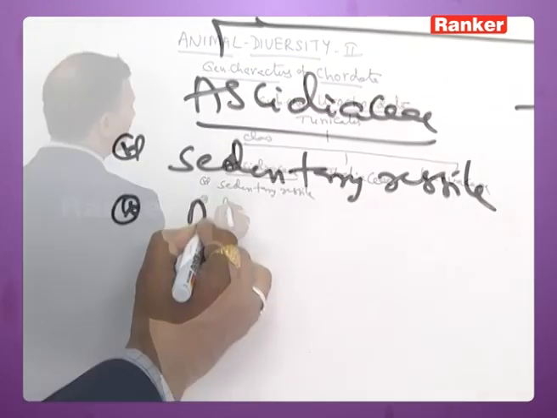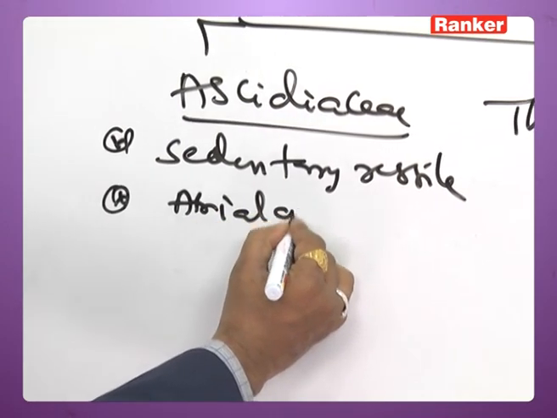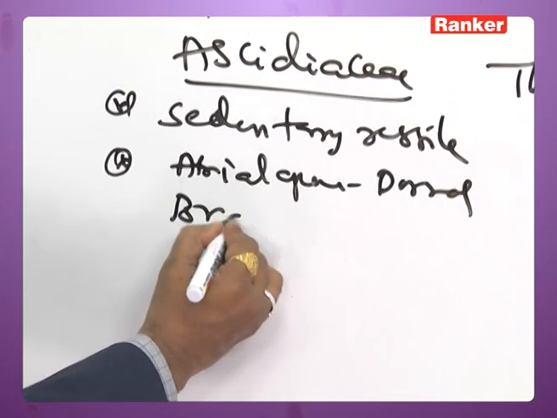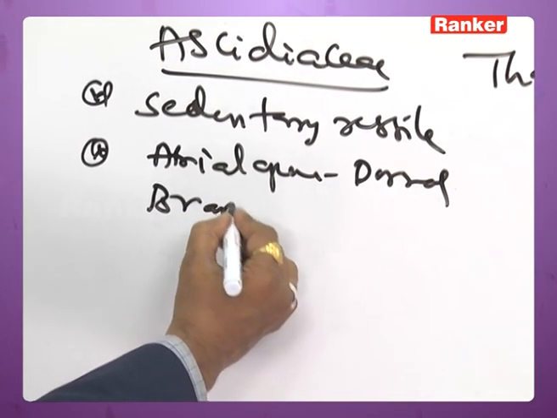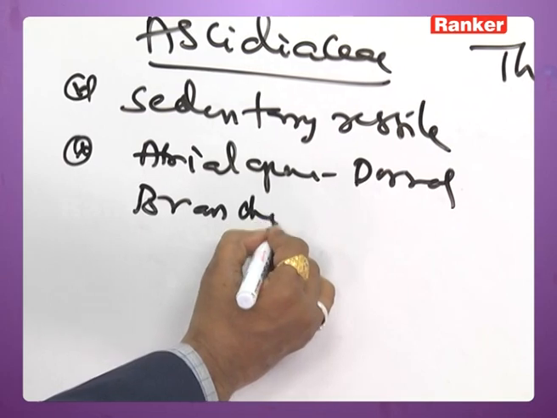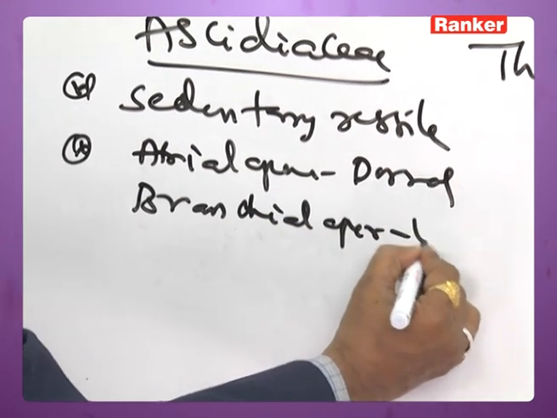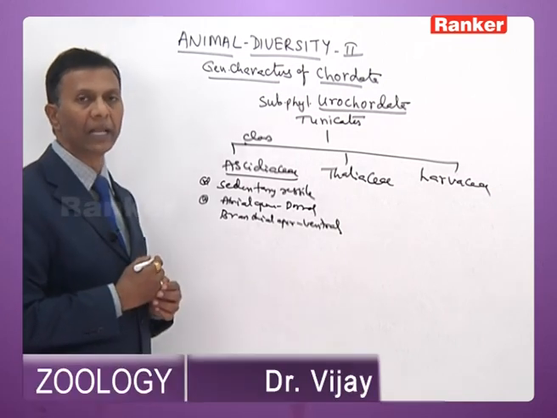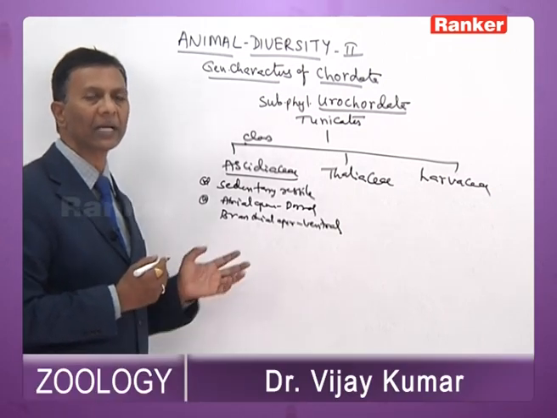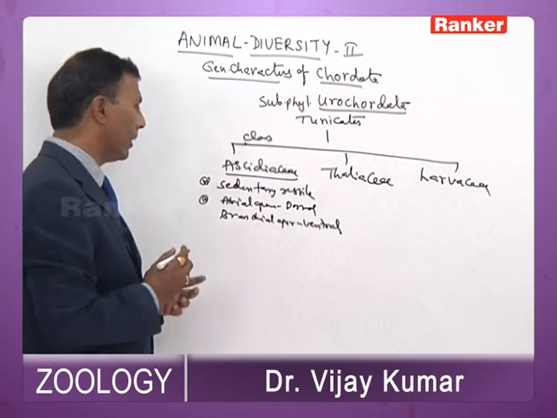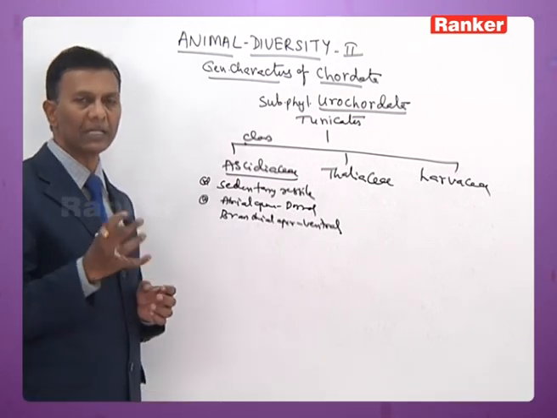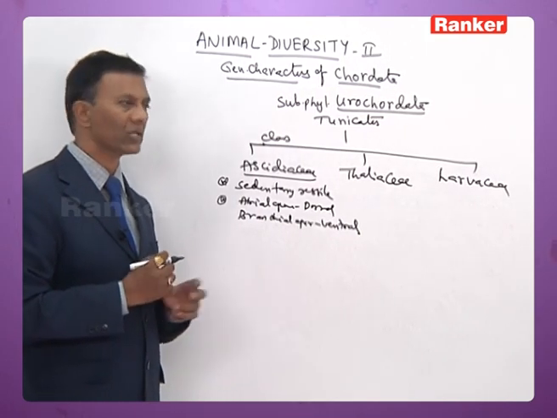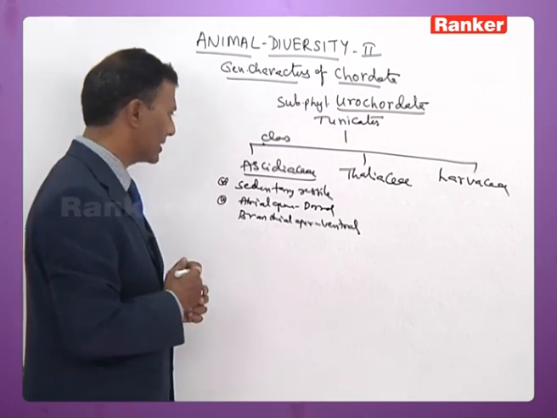The atrial aperture is dorsally placed. Branchial aperture is ventrally placed. The coelom is replaced by atrium. It opens to exterior through atrial aperture, which is dorsally placed, while the pharynx is perforated by numerous gills and opens to the exterior through the branchial aperture, which is ventrally placed.